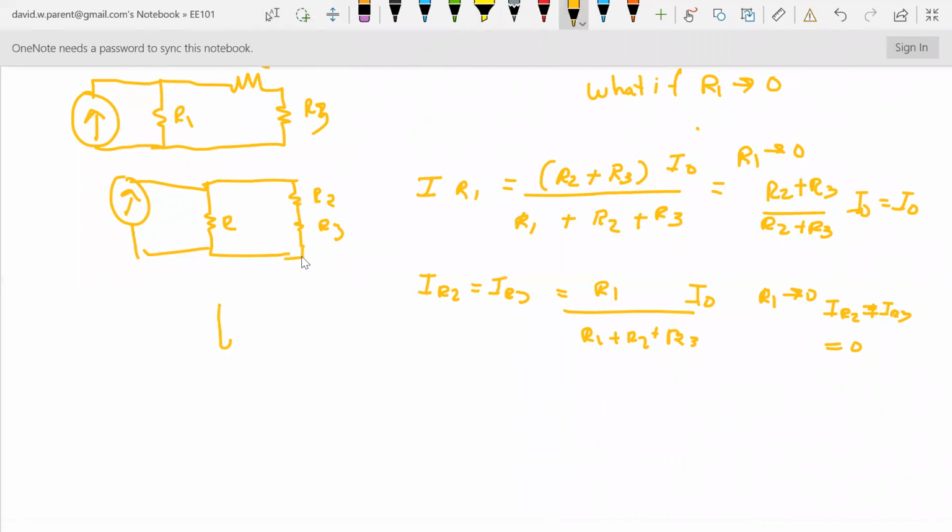So when we had this case, this R was equal to infinity. When we had this case, R equals 0. So I naught is still going from one end of I naught to the other, but none of that supply current is going through these two.